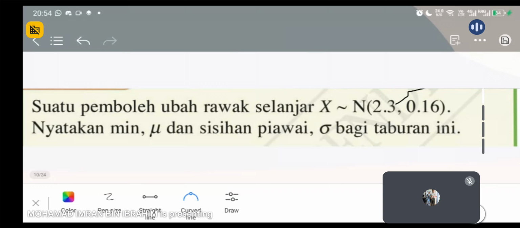So when you take the square root of 0.16, you get the standard deviation.